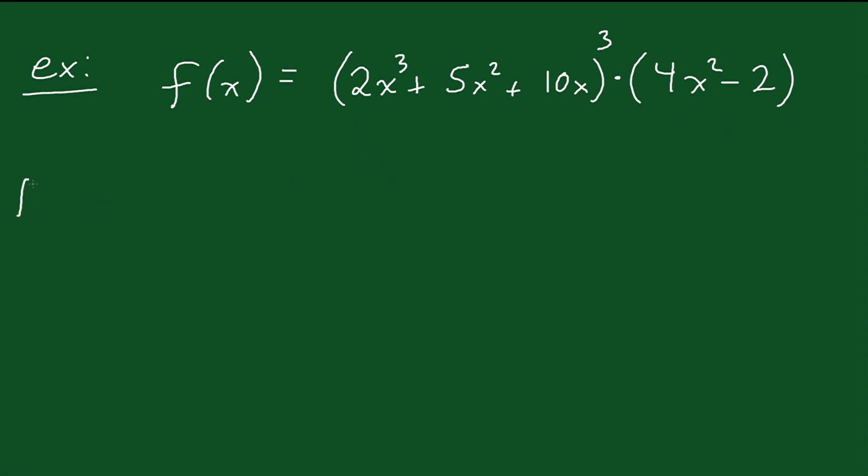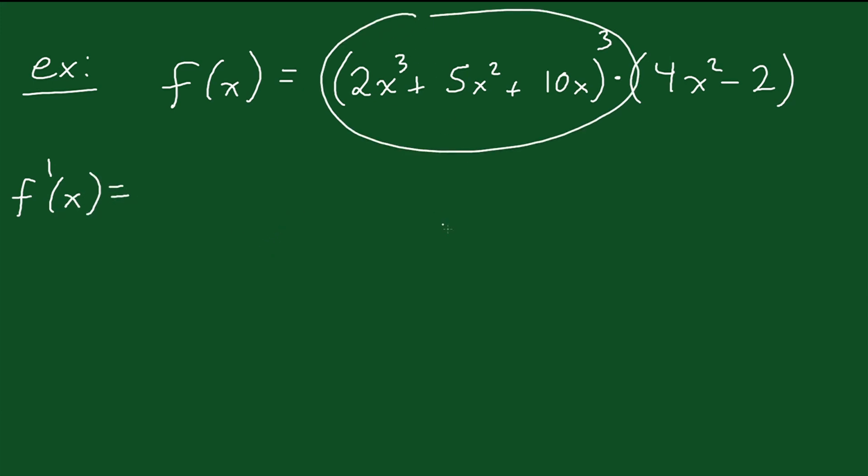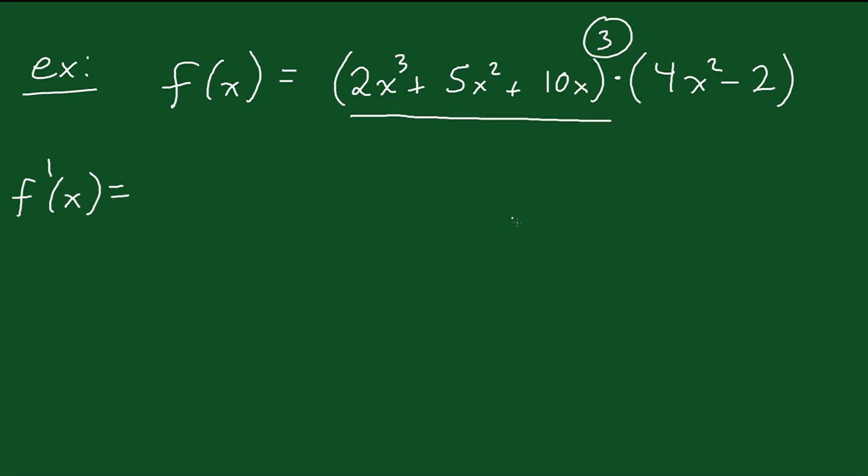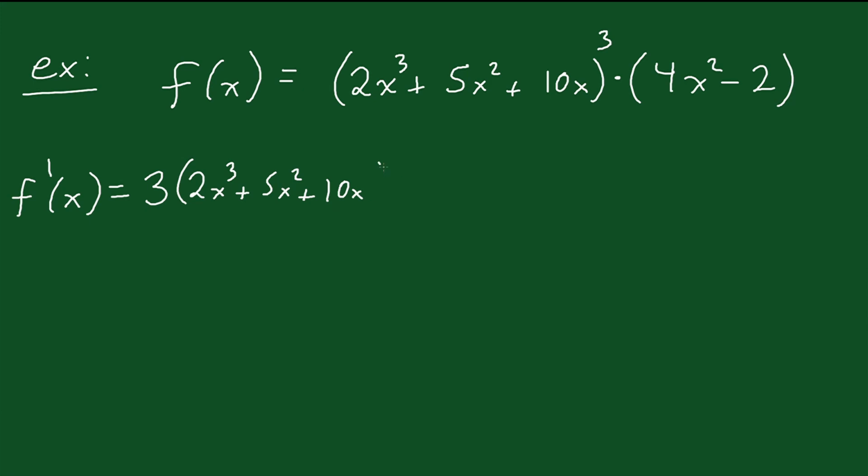So f prime of x is equal to, let's take the derivative of this first part. Well, most generally speaking, it is something to the exponent 3. That's a power rule. So we bring down the 3, 2x cubed plus 5x squared plus 10x, same base, right?